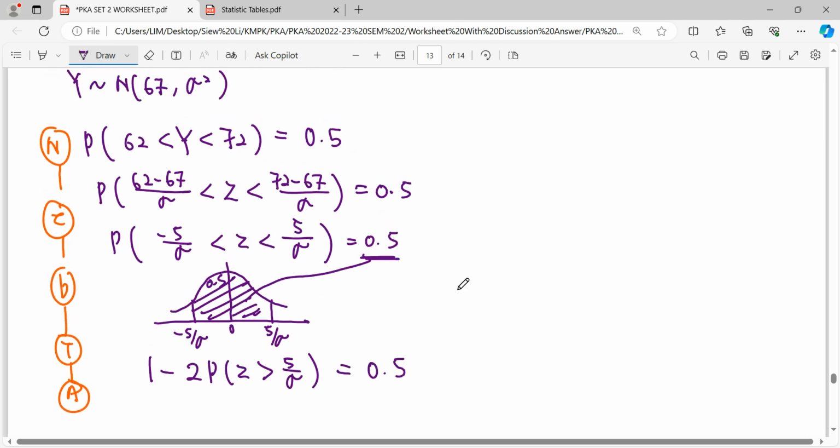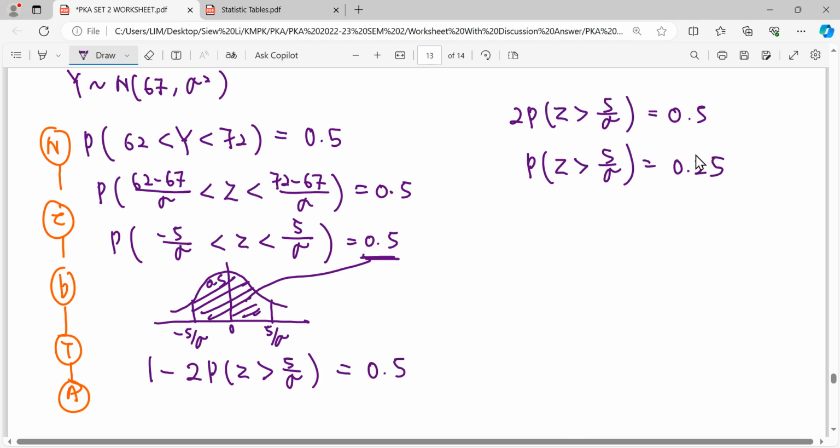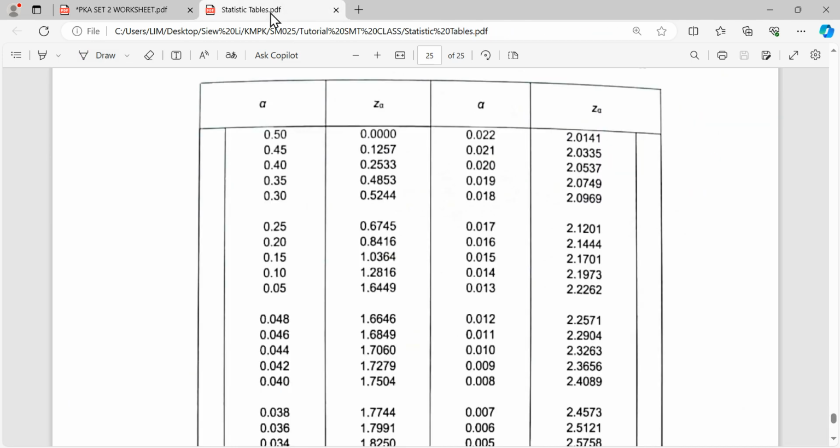So we simplify here. Move it to the left-hand side. This one moves out. Minus, we get 0.5. Divide by 2. And then what reading can give you 0.25?